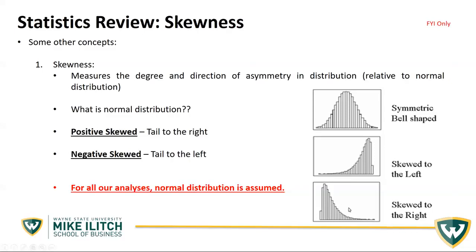This is a positively skewed curve that you see here. And then this is the negatively skewed curve right here. Skewed usually messes up with your mean values, so we really don't like skewed data as researchers. And for our analyses, we will assume that every data out there is normally distributed, just like this shape here, symmetric bell-shaped curve, like this one, just to be able to conduct analyses.